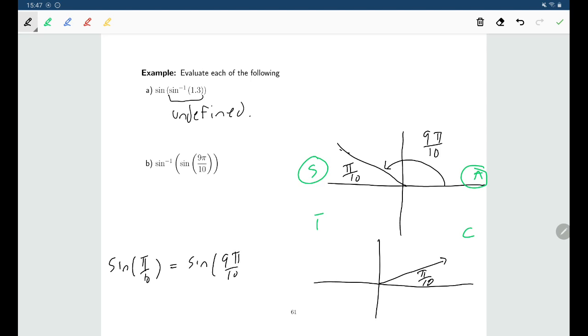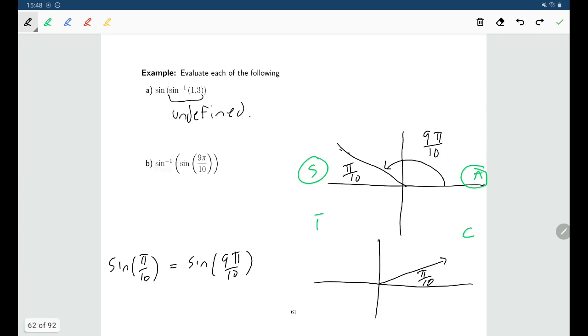Whatever the actual value is, is kind of irrelevant. We don't need to know what sine of pi over 10 or sine of 9 pi over 10 is, but we do know that whatever the value happens to be, it's identical for both. So that means that sine inverse can't give you 9 pi over 10 as the output, because 9 pi over 10 is not inside the domain.